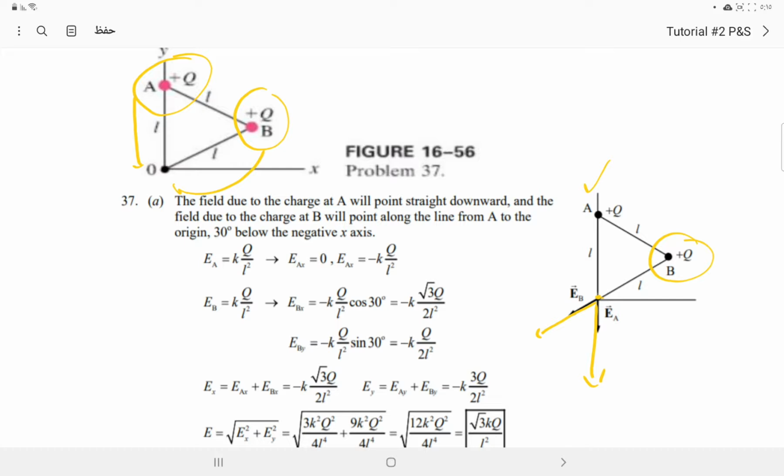Now, looking at the triangle itself, forget the direct solution with equations for now, and see this triangle A, B, O. This is O, the origin.